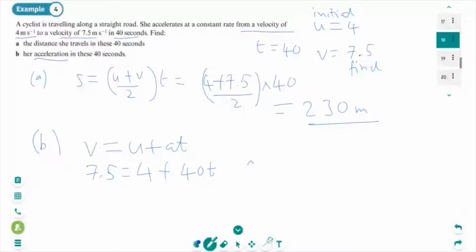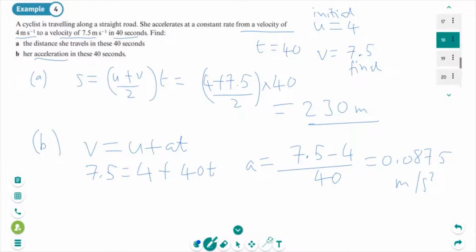A is going to be equal to 7.5 take away 4, divide by 40. And that will give you the acceleration, in meters per second squared. Any questions on those two?